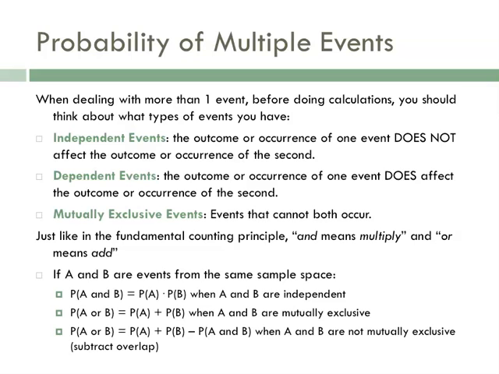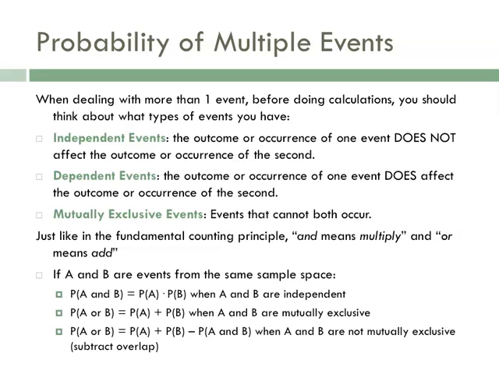Anything that overlaps when you add probability of A plus the probability of B is now counted twice. So in order to avoid counting something twice, you're going to have to subtract out the probability of A and B, and that way that will give you the proper probability of A or B occurring when A and B are not mutually exclusive.